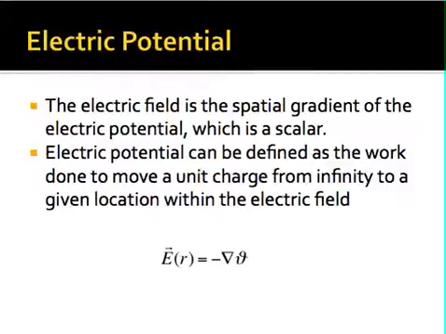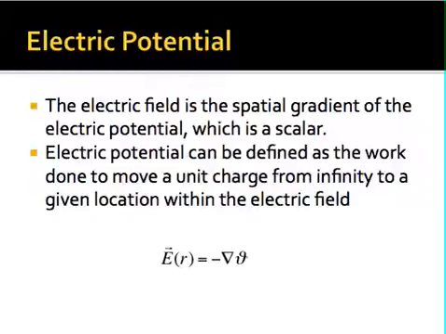So the next definition is the electric potential. The easiest way to talk about the electric potential is to think about the electric field. The electric field is basically the spatial gradient of the electric potential. The electric potential is a scalar.